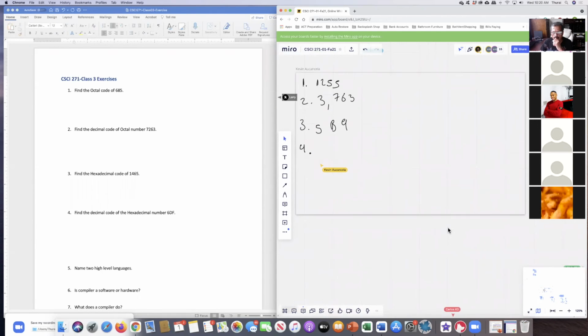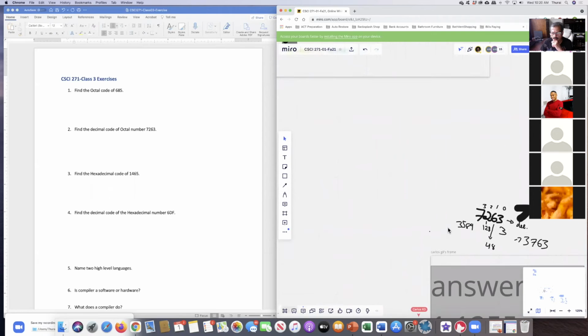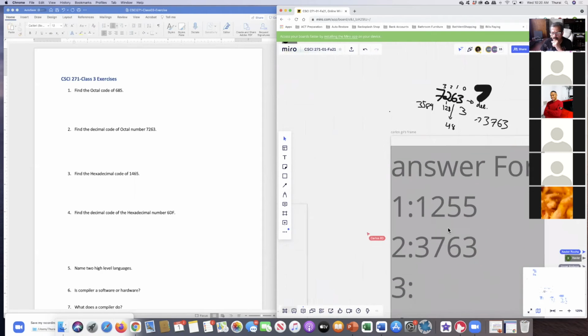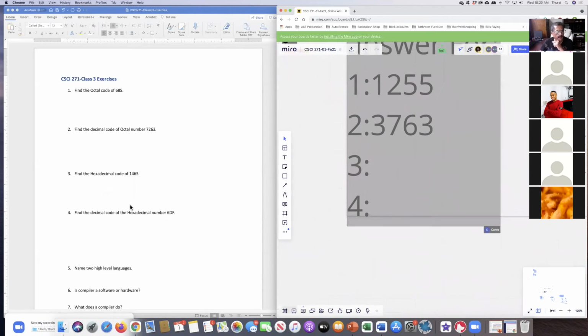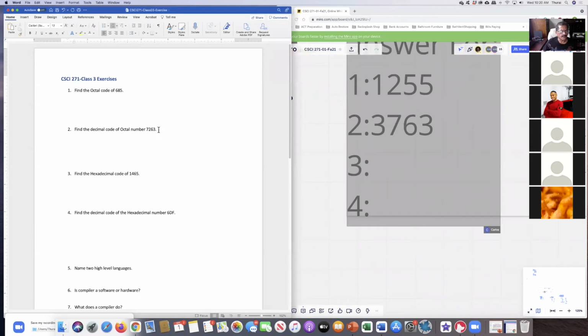Everybody, I haven't seen any correct solution for the second problem. Now, all of you have it wrong. I think you are misunderstanding the problem. The number given to you is an octal coded number. You need to find the decimal coding of that number.